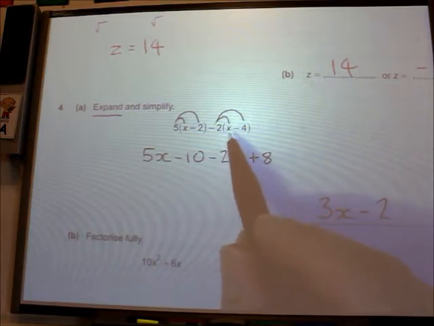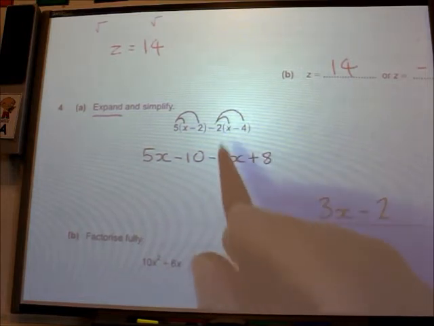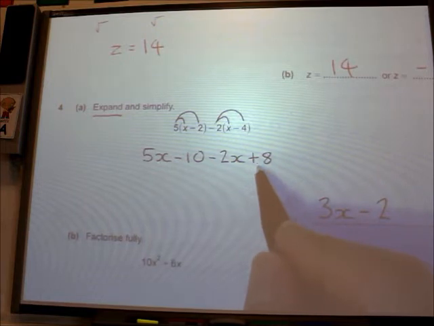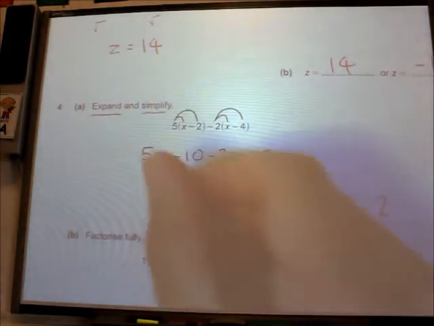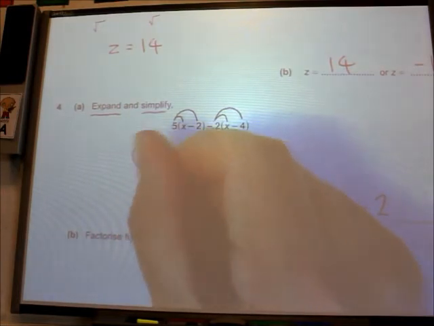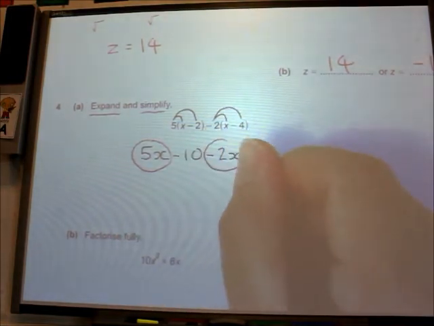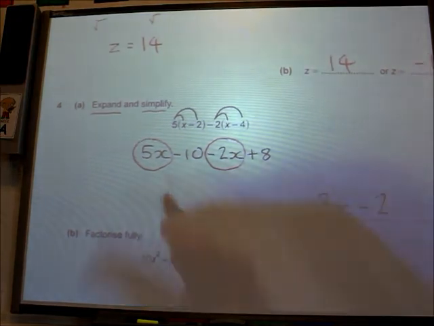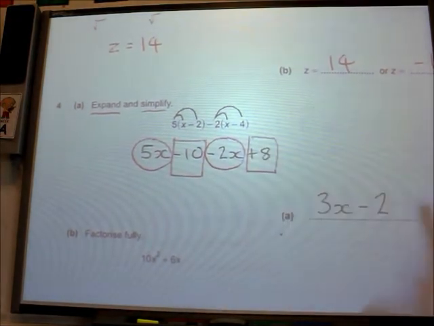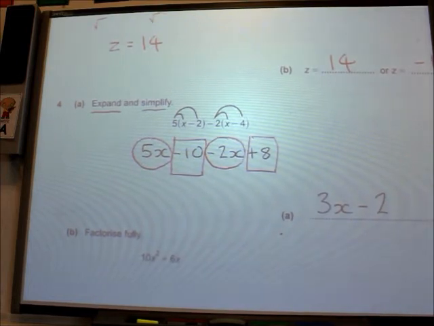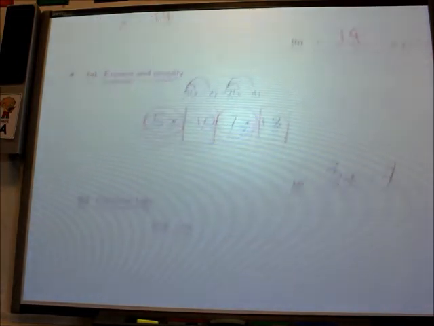Minus 2 times minus 4. A negative times a negative is a positive, and 2 times 4 is 8. That's your expanding. And your simplifying is there are 5 x's, take away 2 x's, so that will be 3x. And you've got minus 10, add 8, which is minus 2. So there's your expanding and your simplifying, 2 marks.